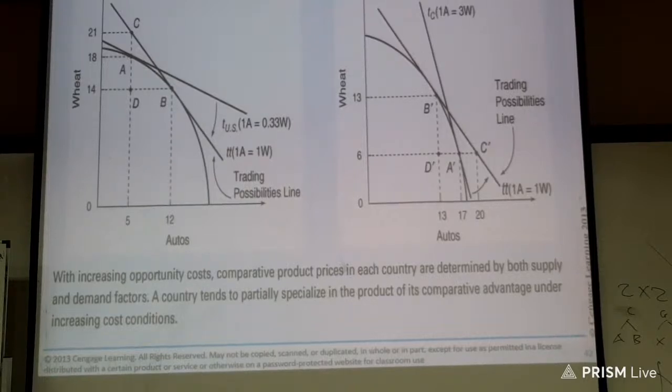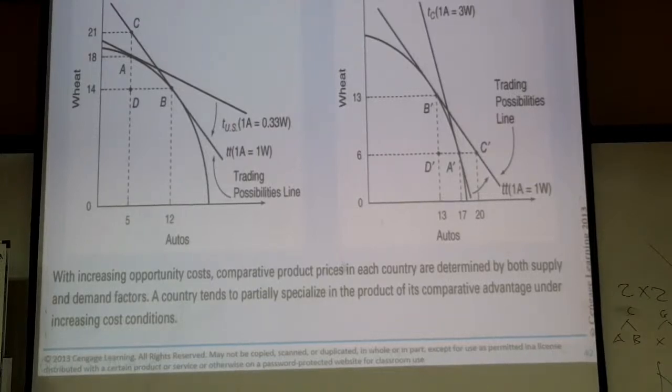This is the red line. Okay? Must be on the red line. And the specialization must be on the black line, which is the production possibility frontier. Here, blue line. Okay?